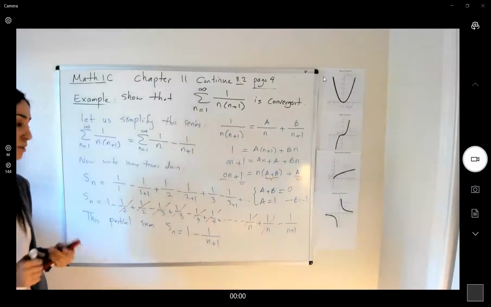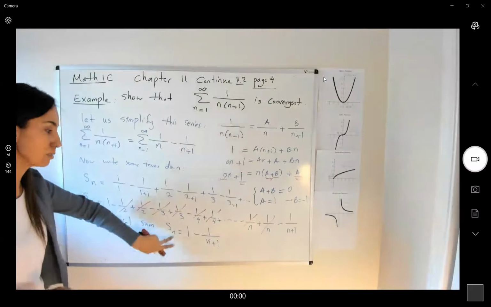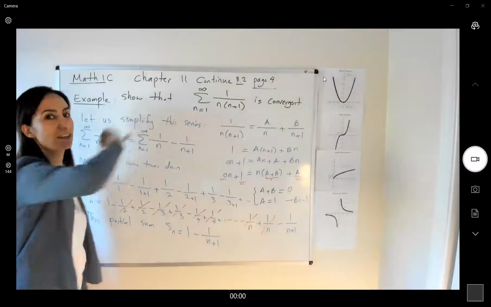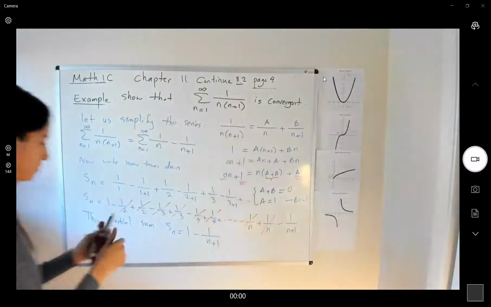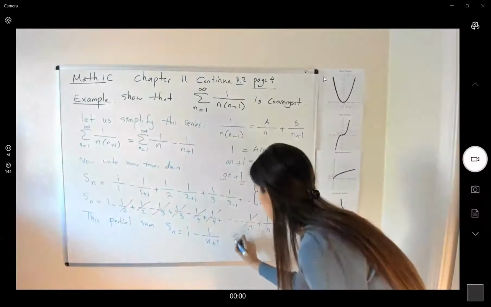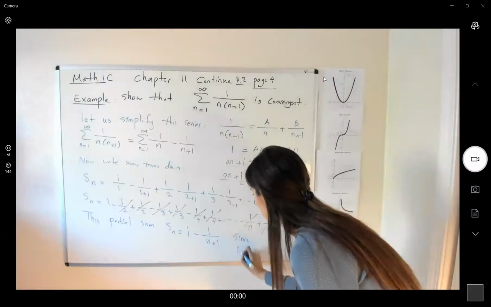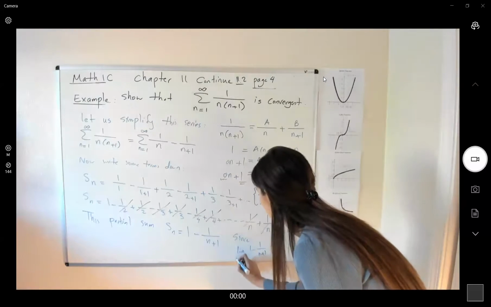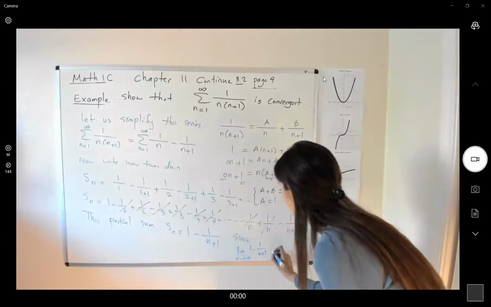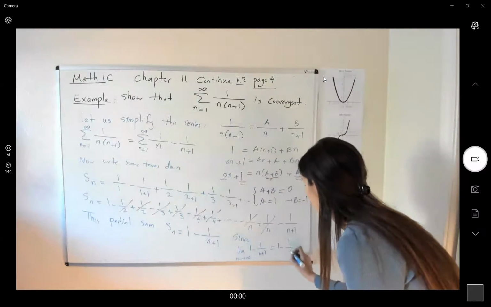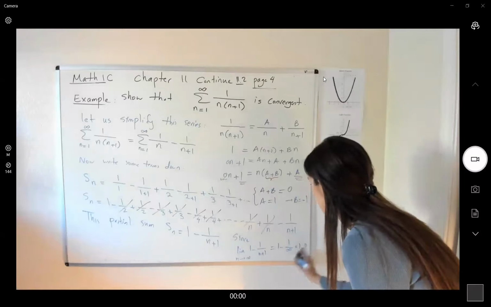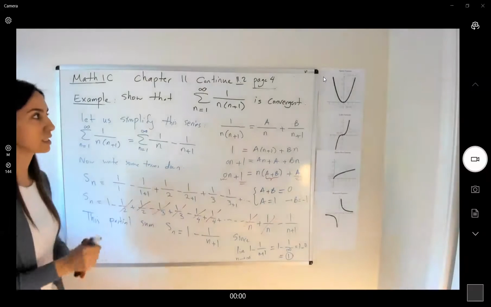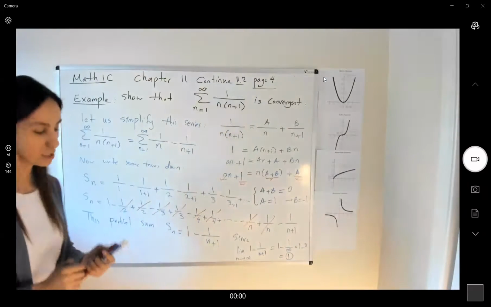And we all know that if the limit of Sn exists, we say that the series is convergent. So since the limit of 1 minus 1 over n plus 1, while n goes to infinity, is 1 minus 1 over infinity, 1 minus 0 equals 1, it means that our series is a convergent series.